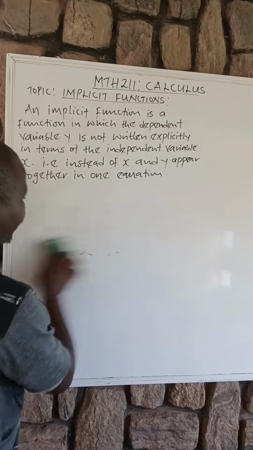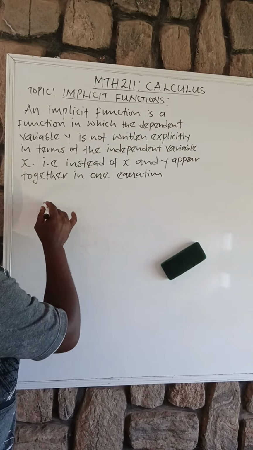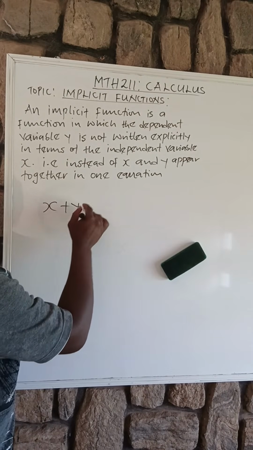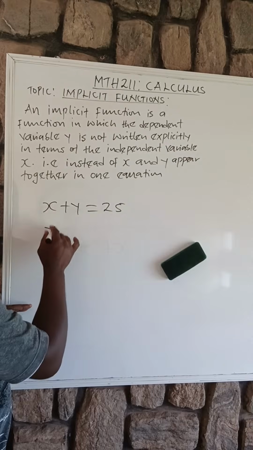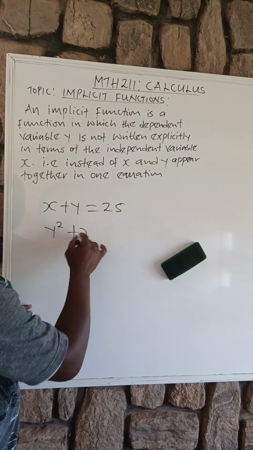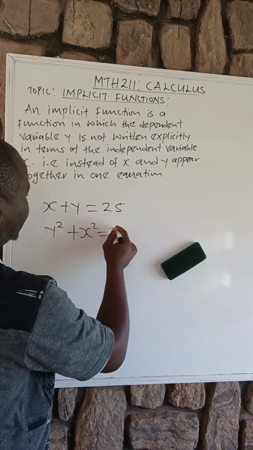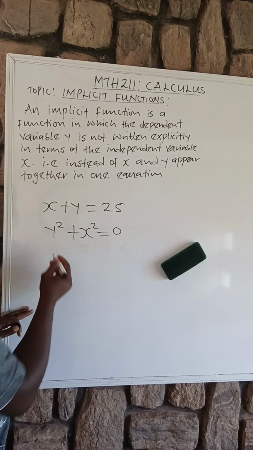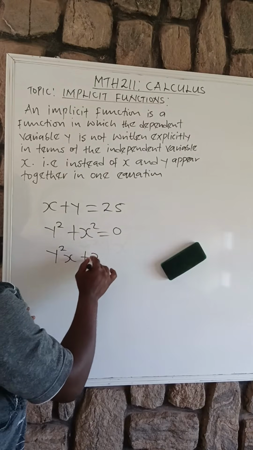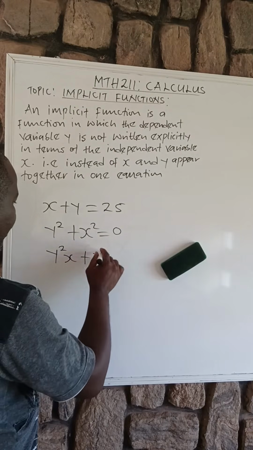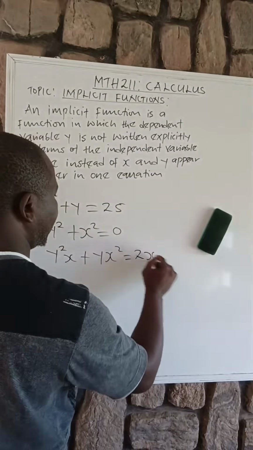It means implicit functions are always in the form, either x plus y equals 2x, or y squared plus x squared equals 25, or x squared y squared plus y x squared equals 2xy.